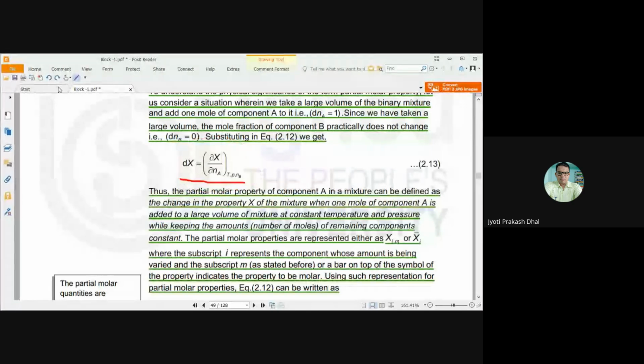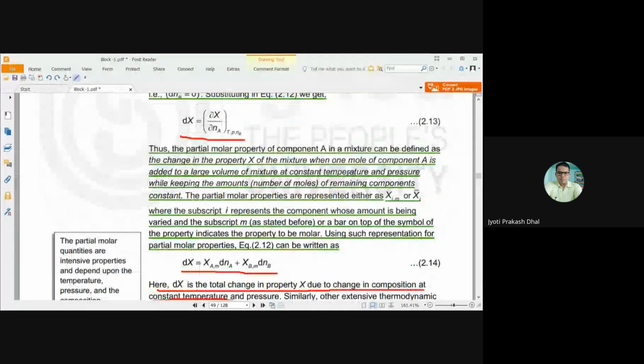So the partial molar property of component A in a mixture can be defined as the change in the property X of the mixture when 1 mole of component A is added to a large volume of mixture at constant temperature and pressure, keeping the amount of the remaining components constant.